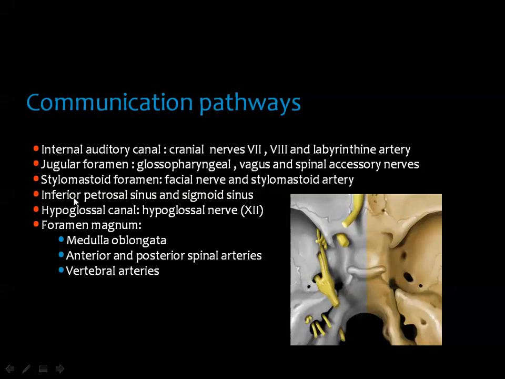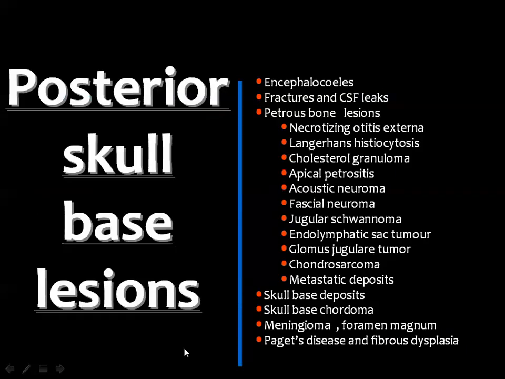The inferior petrosal sinus and the sigmoid sinus, I will show. Then you can see the hypoglossal canal, which transmits the 12th cranial nerve. The foramen magnum, the biggest skull base foramen, will transmit the medulla oblongata, the anterior and posterior spinal arteries, as well as the vertebral arteries.